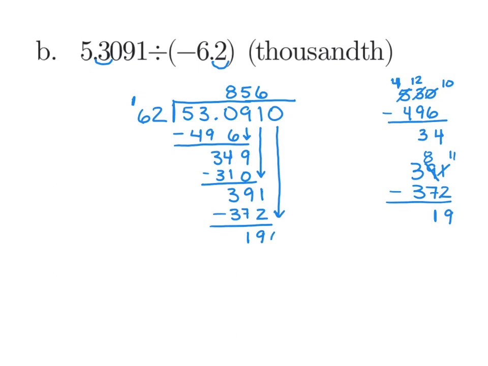All right, we bring down our 0. 62 goes into 190 2 times. 2 times 2 is 4. 2 times 6 is 12.